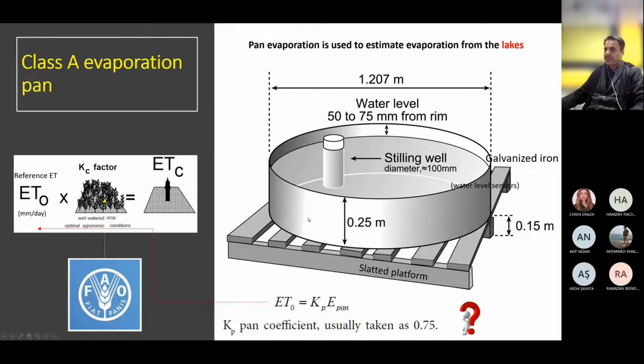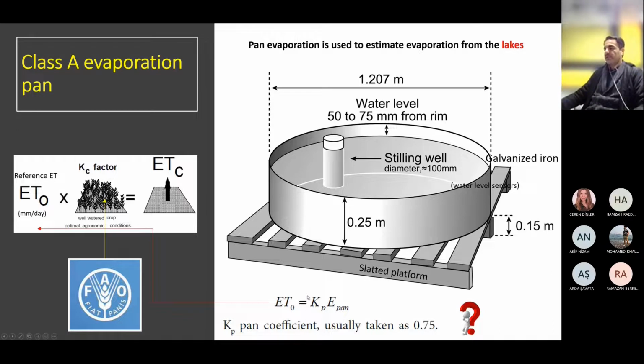The reason comes back to the material that we use in construction of the pan. The pan is commonly, as you see here, galvanized iron, and due to the temperature around it and also solar radiation, the sides of this pan will have a higher temperature than a real lake, because it absorbs the heat, and due to that we will have a bit more evaporation from a pan in comparison with a lake.